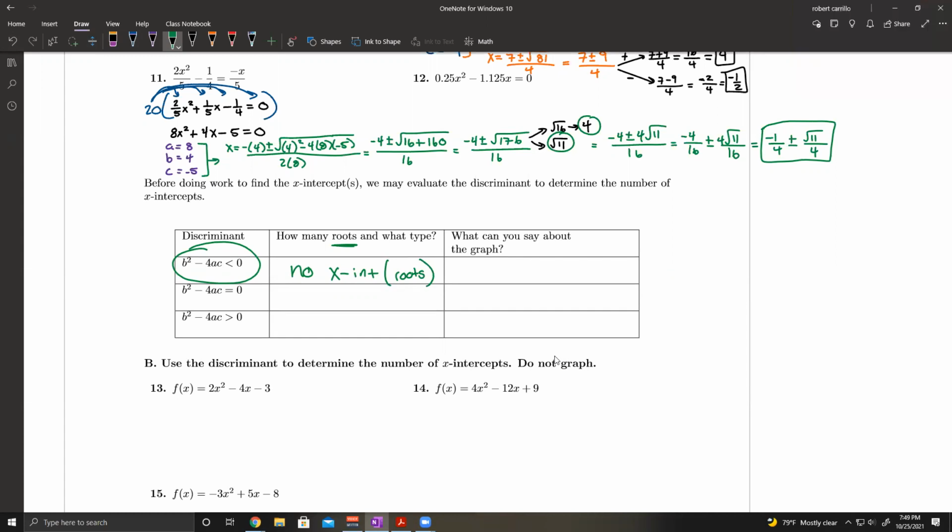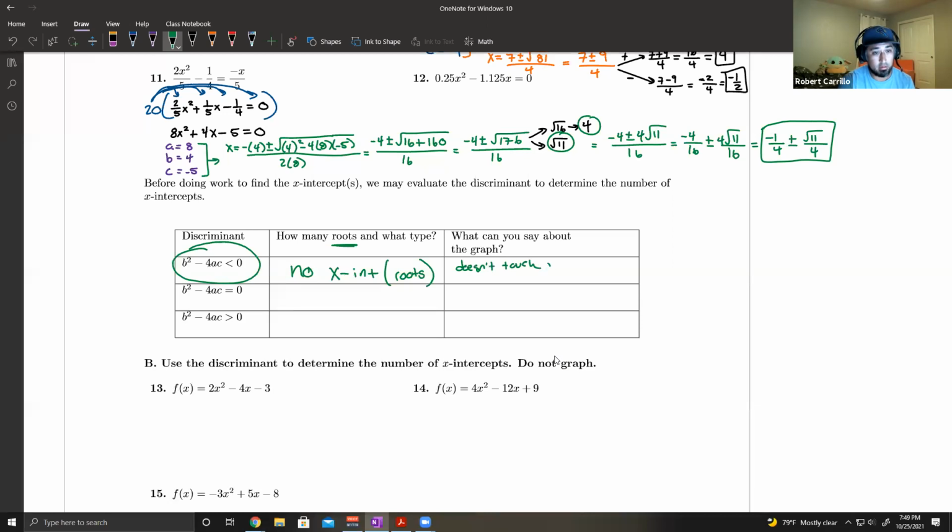No. So you can say the graph doesn't touch the x-axis. And if the discriminant is equal to 0, this means you have 1 x-intercept, or 1 root. And if you have 1 x-intercept, the graph will touch the x-axis.